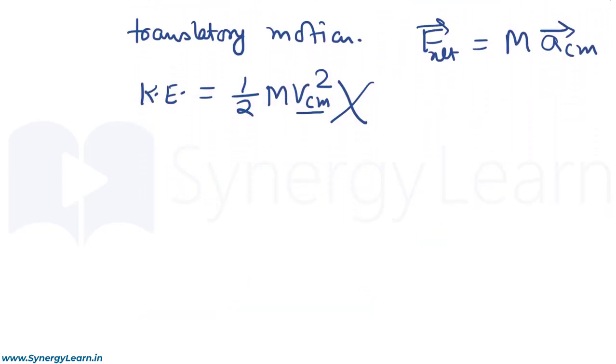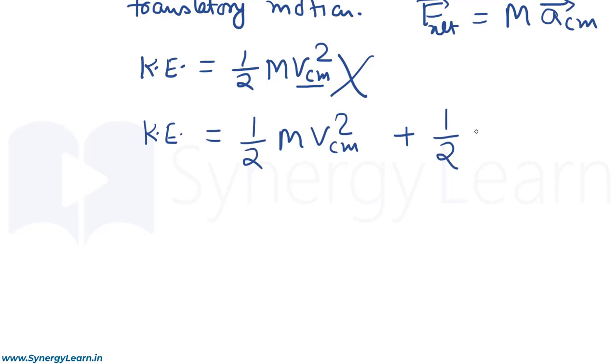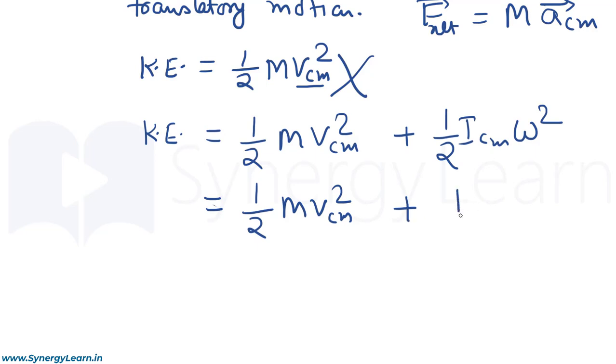Although center of mass alone cannot represent the kinetic energy of the system, center of mass helps us in writing the kinetic energy of the system, and the kinetic energy of the system can be written as half m v center of mass squared plus half I center of mass omega squared in the case of rigid bodies, or in other cases it can be written as half m v center of mass squared plus the kinetic energy seen by center of mass.